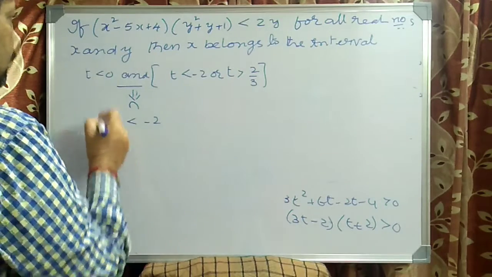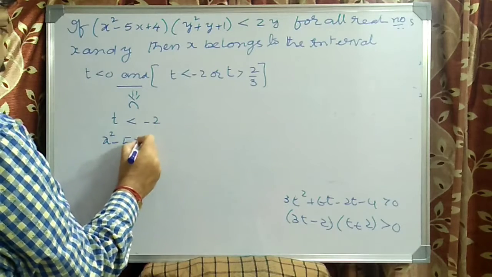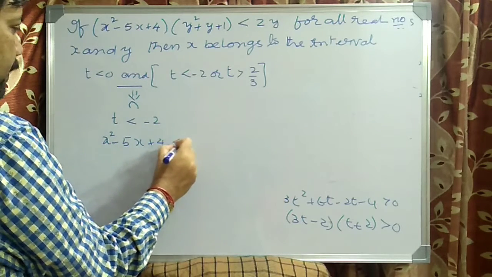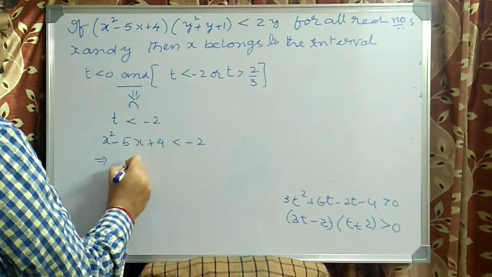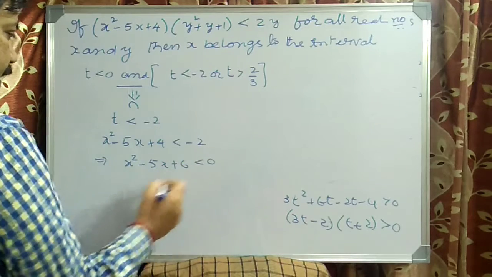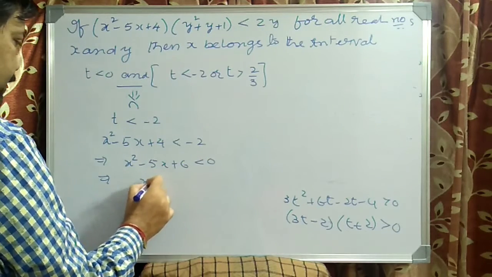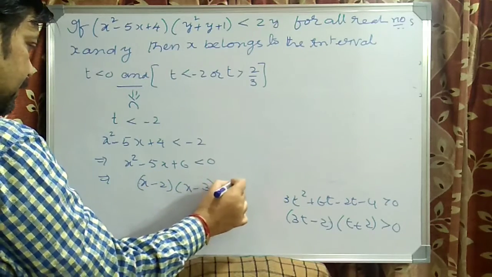But t is equal to x square minus 5x plus 4, which is less than minus 2. Bring minus 2 to the left hand side. So x square minus 5x plus 6 less than 0. Again this gives you (x minus 2) into (x minus 3) is less than 0.